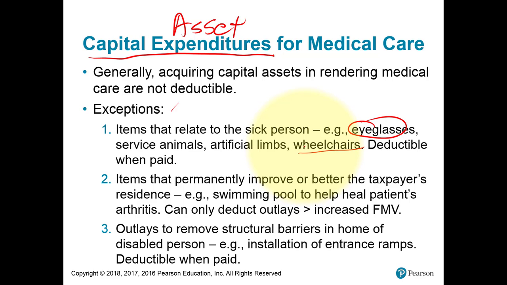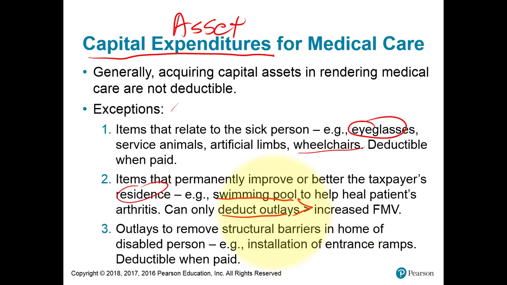Now, the big type of cost that can be prescribed by a doctor is to make changes to your home, like putting in a swimming pool or a jacuzzi. Again, this is all prescribed by a doctor. It is deductible to the extent the cost is greater than the increase to the value of that property.